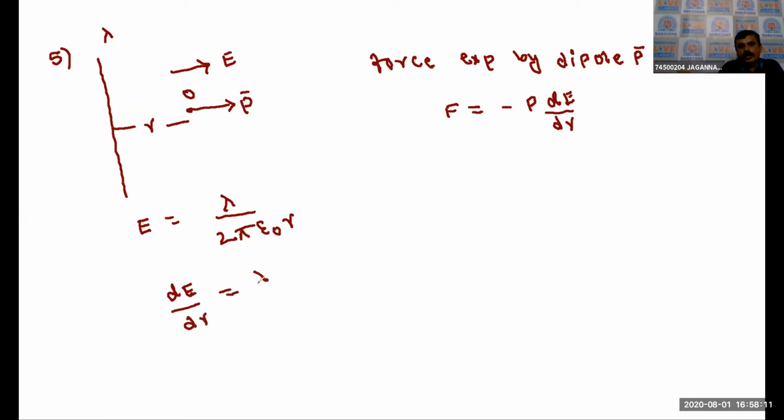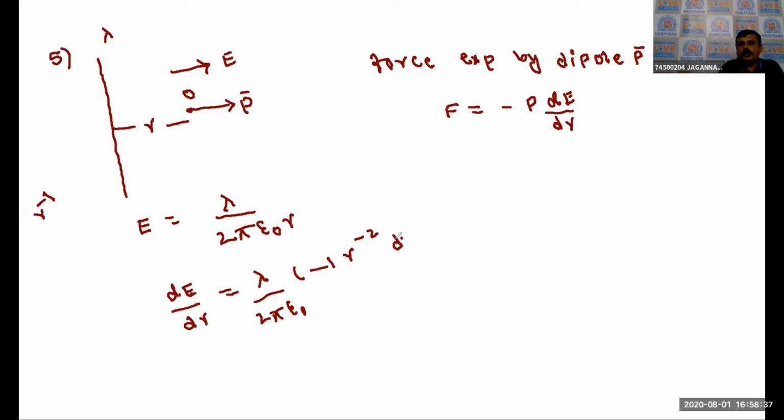This is lambda by 2 pi epsilon naught, which is constant. Then 1 by r means r to the power of minus 1. The differentiation of r to the power of minus 1 is minus 1 times r to the power of minus 2 dr, so this is minus 2.